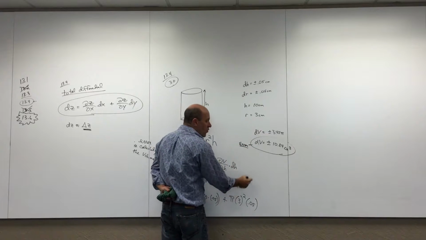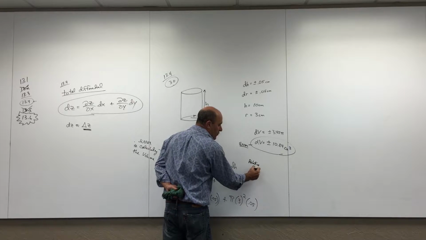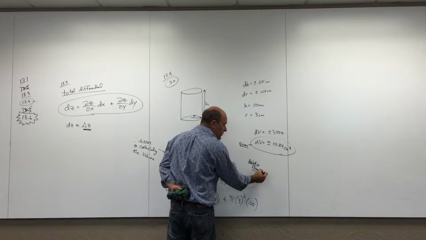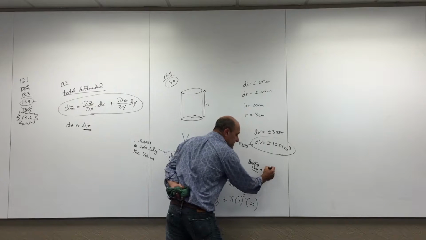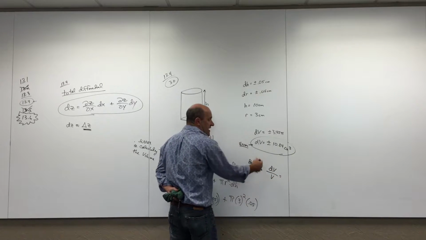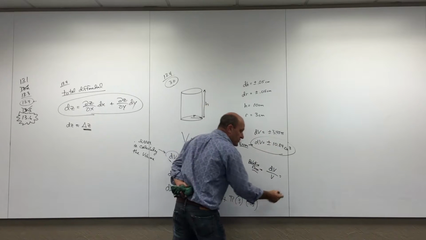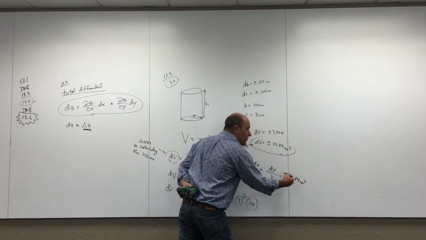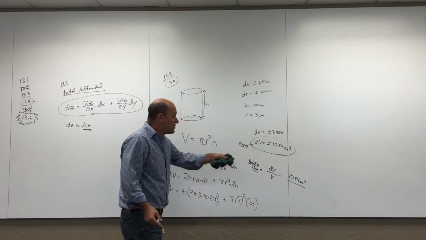They also wanted what's called relative error. Maybe you know this from your science classes because you do lab work and you work on error sometimes. Relative error is dV over V. It's like a measurement of how much, is this a lot of error or a little error? Well, it depends. It's 10.84 centimeters cubed worth of error out of how much was the actual volume.